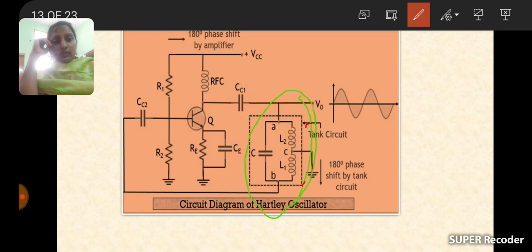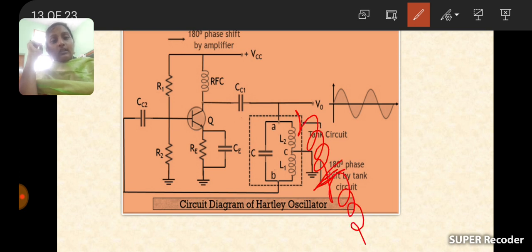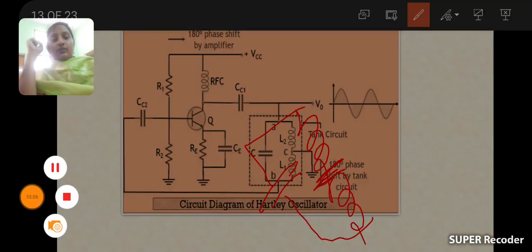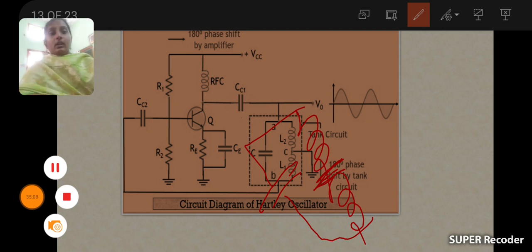Both L1 and L2 are connected internally in series, and finally these two are connected in parallel to the capacitor.